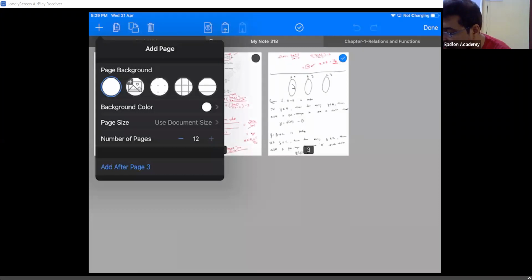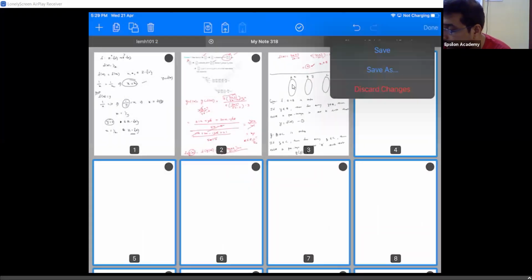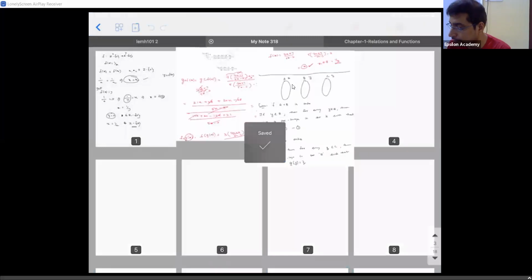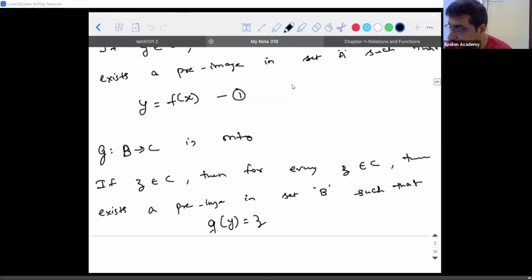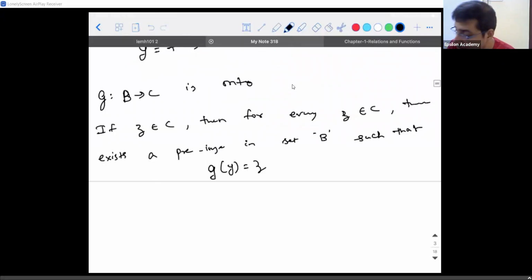Is there any doubt till this step? That g of y is equal to z.